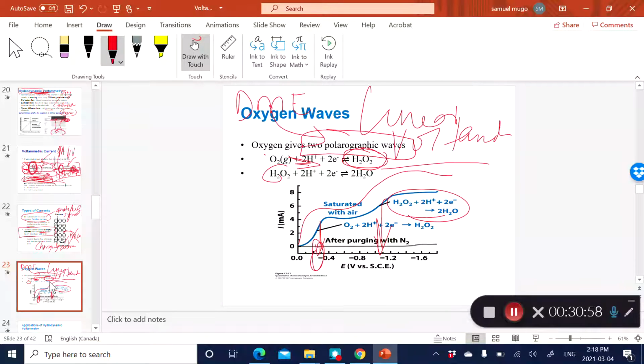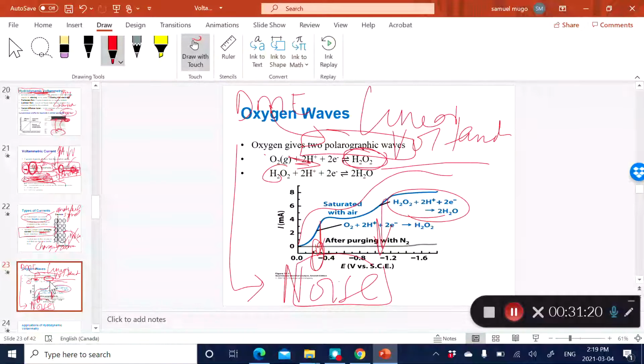The reason I said this is because, while it could be useful as an oxygen sensor, unfortunately, in most cases it is actually noise as well, because oxygen is dissolved in most of the samples that you're working with, in the solutions that you're working with.